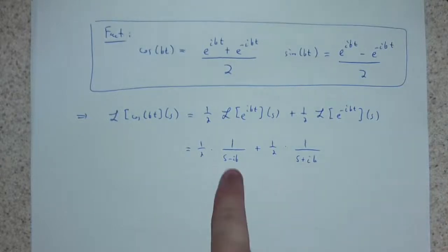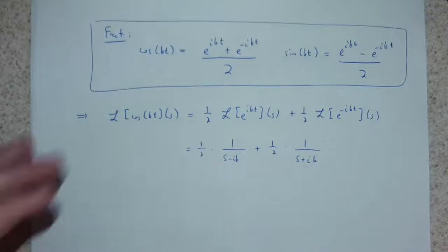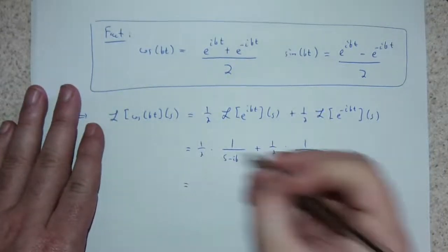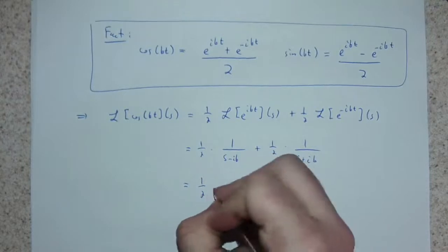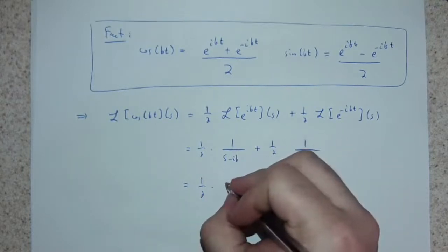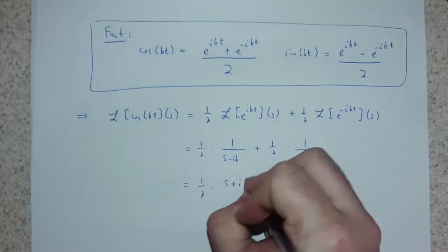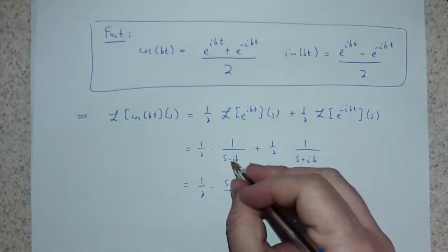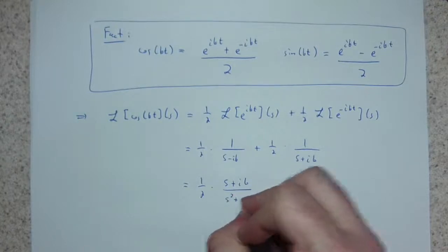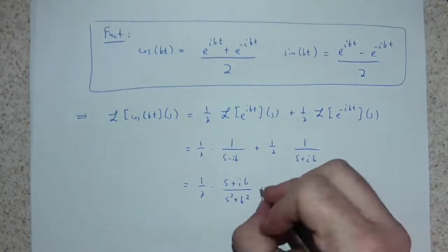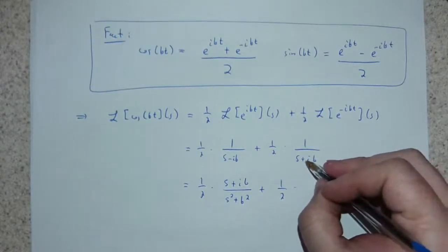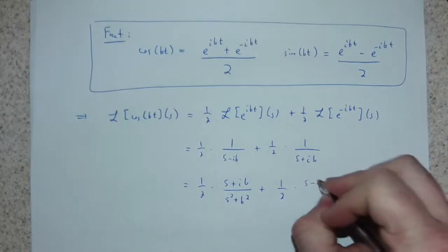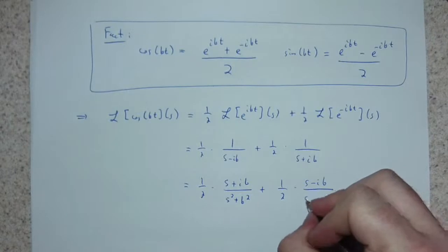But remember how we actually compute 1 over a complex number. We use the complex conjugate. So this is 1/2 times s plus ib over the modulus of this thing squared, which is s squared plus b squared, plus 1/2 times, the conjugate here being s minus ib, over s squared plus b squared.